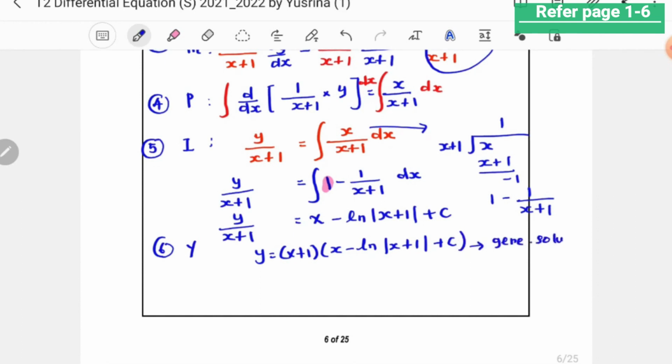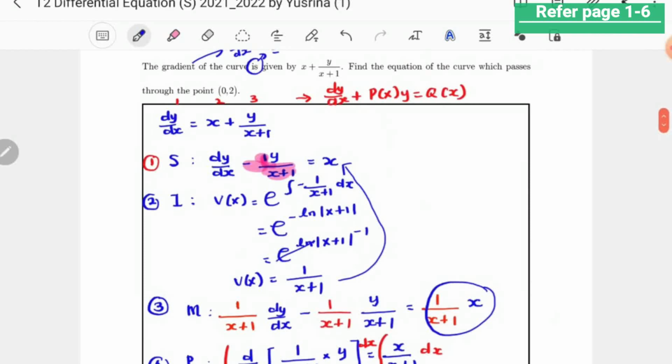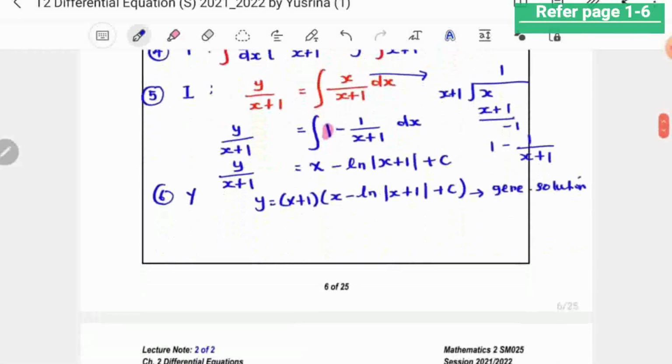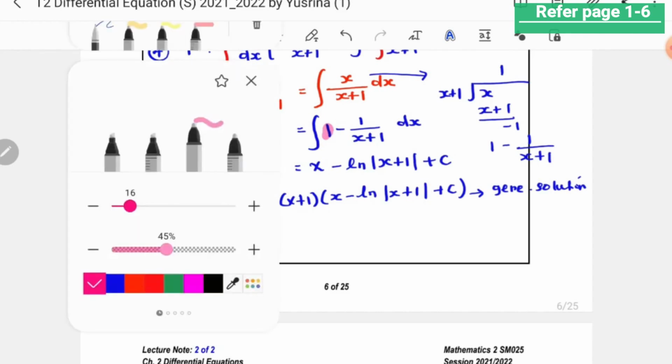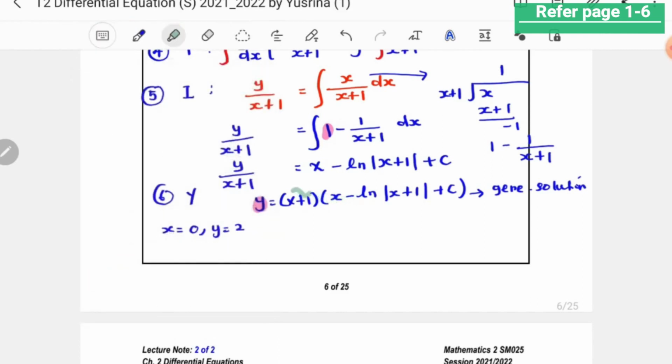But in the question, the condition is given. That means your point x equals 0 and y equals 2. The curve passes through the point (0, 2), this is the condition. So substitute y equals 2 and x equals 0, and then we get the value of c.